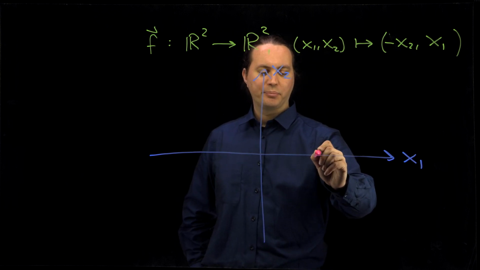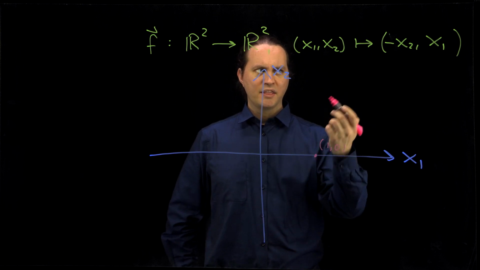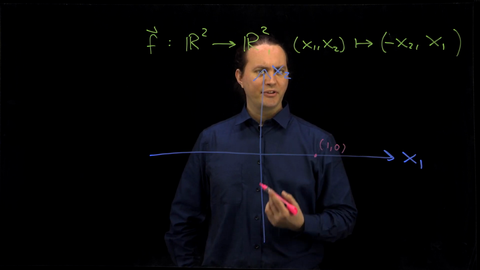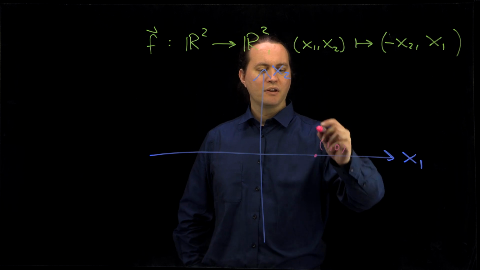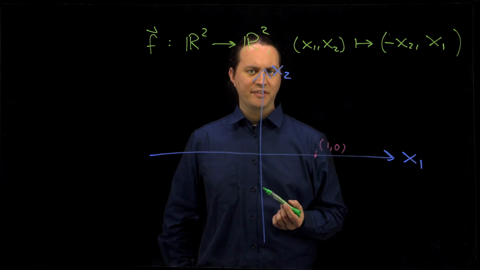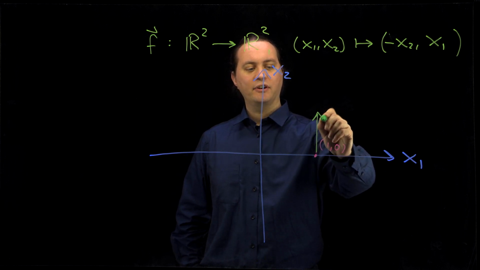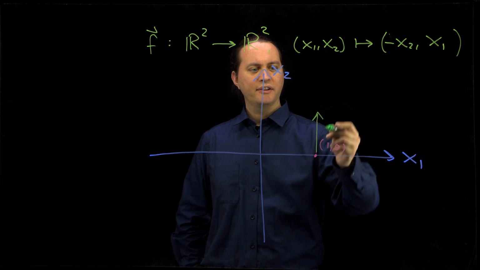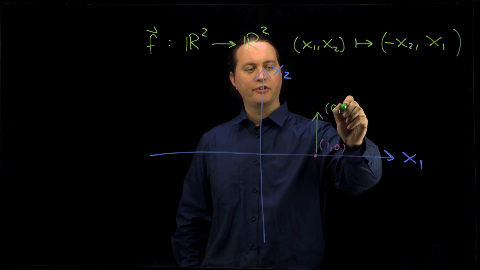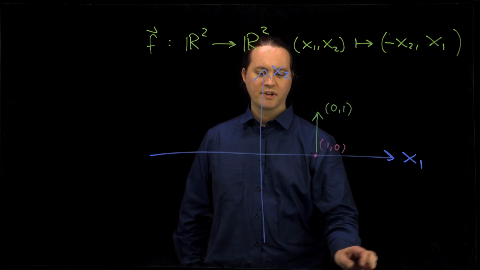Let's say here we've got the point 1, 0. The vector being produced by this vector field will be the vector 0, 1. And we illustrate that as follows. We take the vector 0, 1 and plant it at this position, 1, 0. Let's have a look at another position.